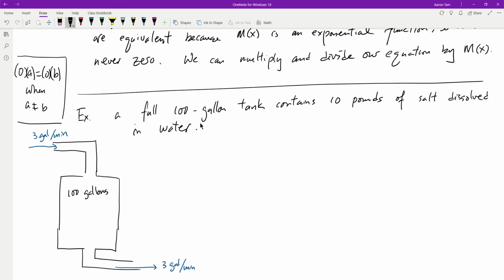Okay, now let's say there's a 3 gallons per minute solution being run into the tank.